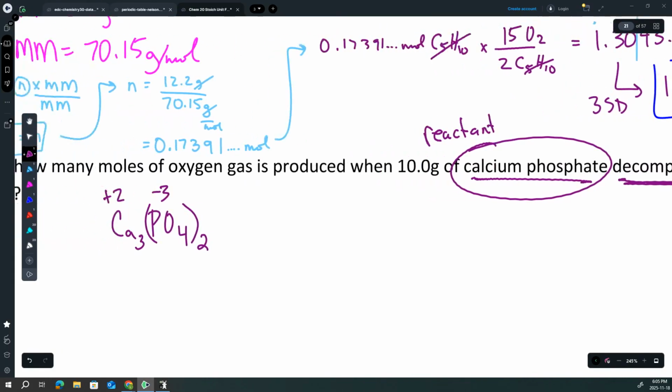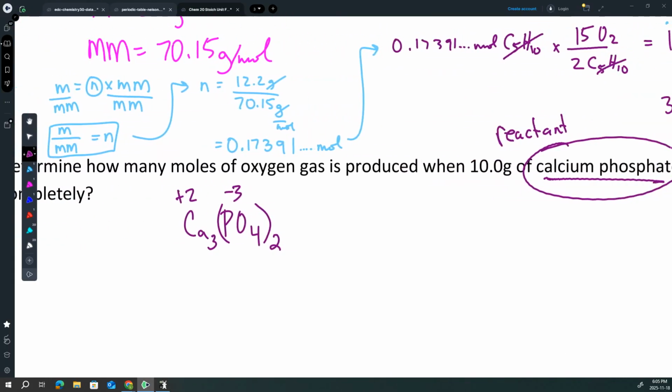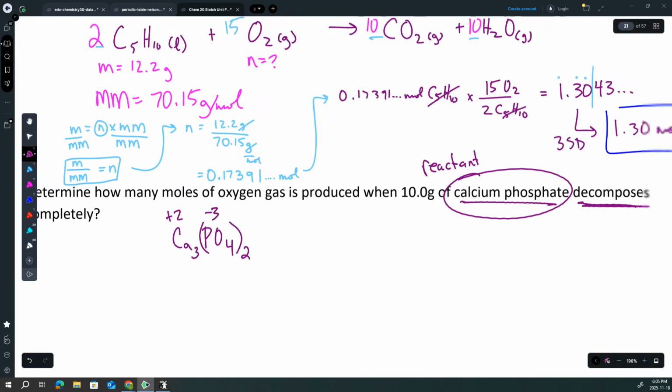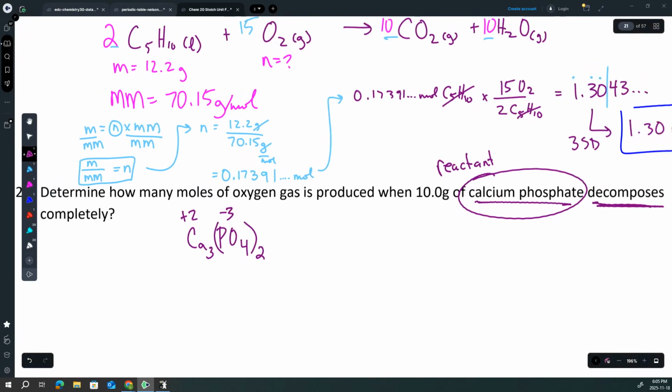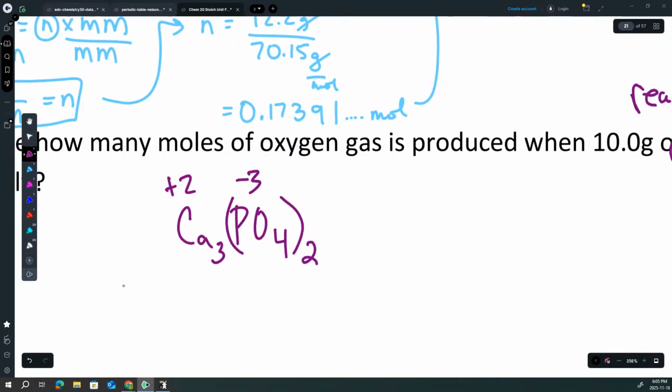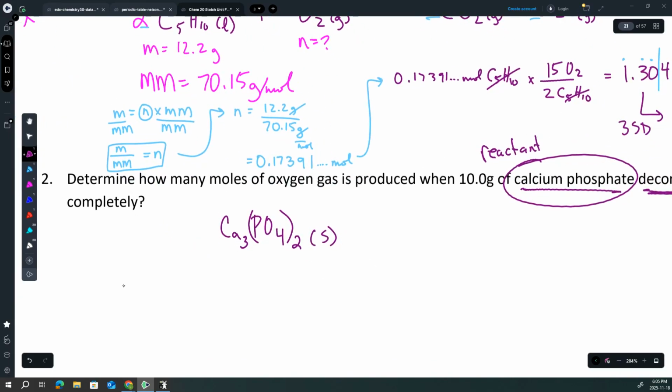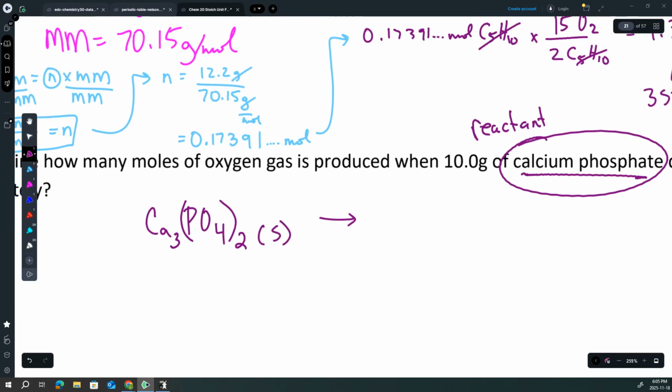All right, so it doesn't mention anything about the state of calcium phosphate, but we do know that it is an ionic compound, and that ionic compounds at room temperature are going to be solids. All right, so it's decomposing, so it's breaking apart into its elements.